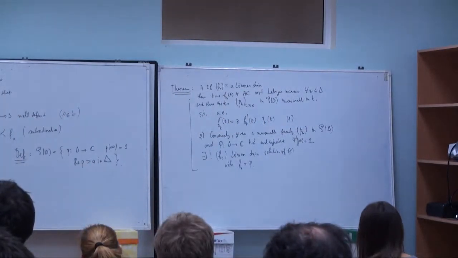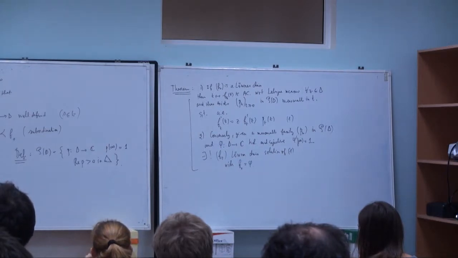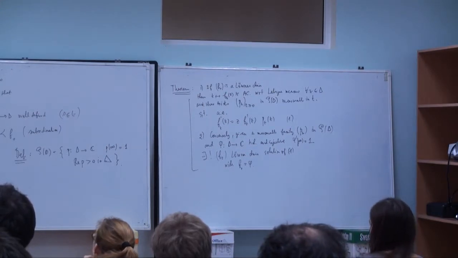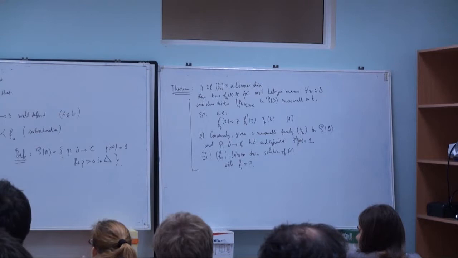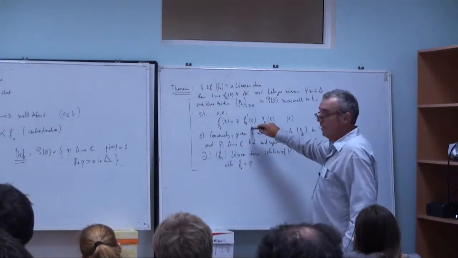And this exactly says that the moving boundary is decreasing. So the fact that it is the boundary of a decreasing family of sets translates into the fact that the real part of this divided by this is positive.